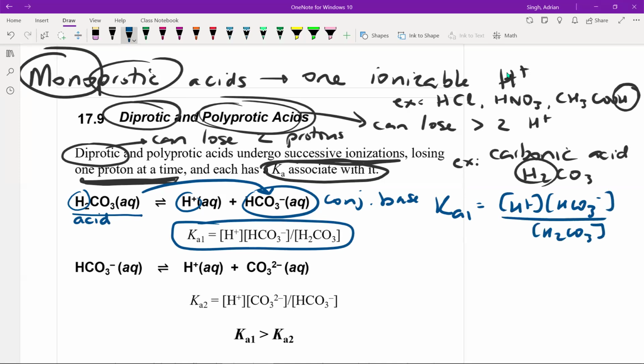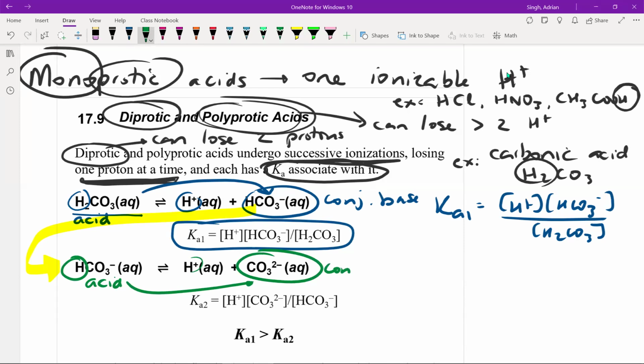So the product, the conjugate base of that first step, then becomes the reactant for the second step. So now the HCO3 minus can act as an acid because it can lose that proton. When it acts as an acid, it gives up that H plus. It then becomes the carbonate ion, which is now the conjugate base of the bicarbonate ion.